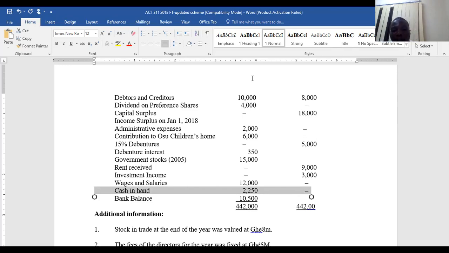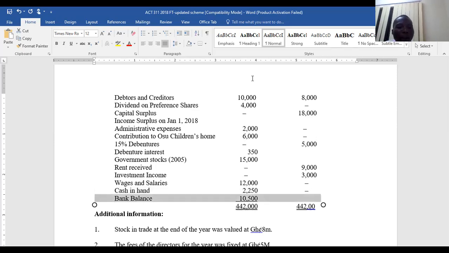Then there is a cash at bank or your bank balance of 10,500. So sum all and let's see how much we are getting as the total. 29,750. 29,750 as your total current assets.